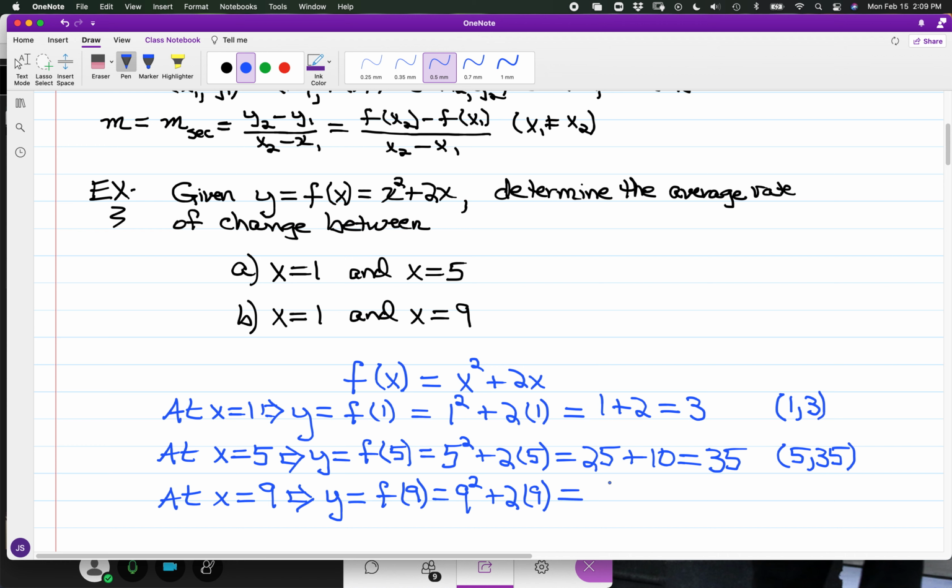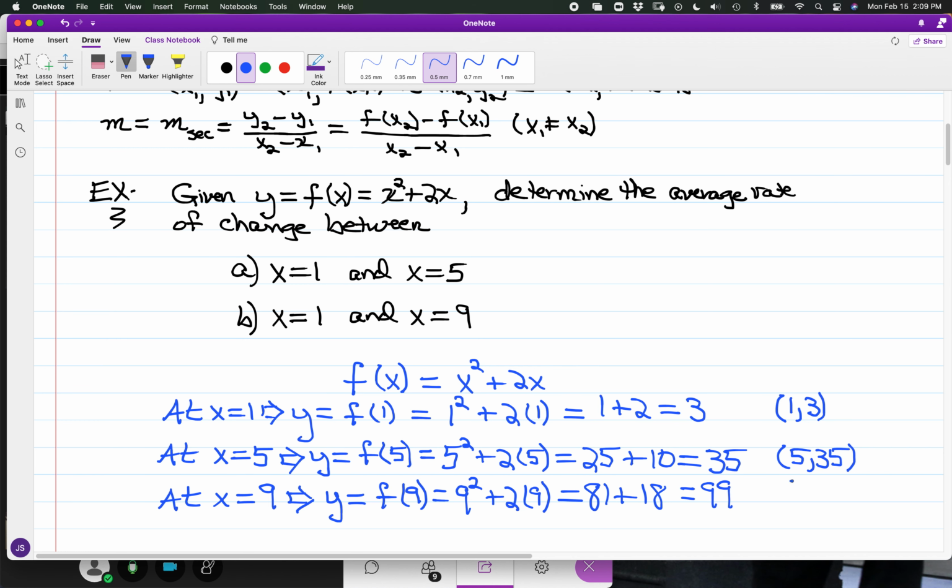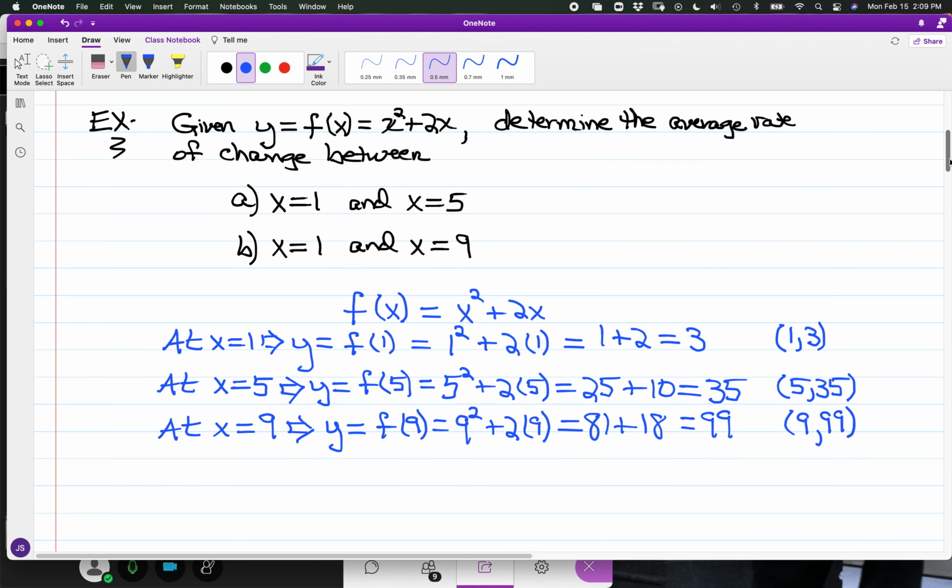Now we have the square of 9, which is 81. 2 times 9 is 18. And the sum of 81 and 18 is 99. So we have the ordered pair (9, 99).